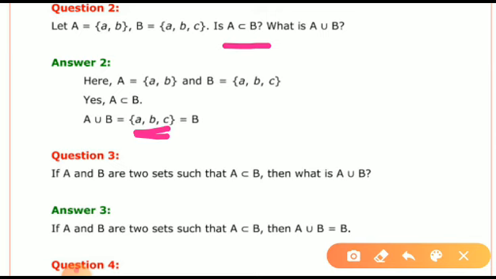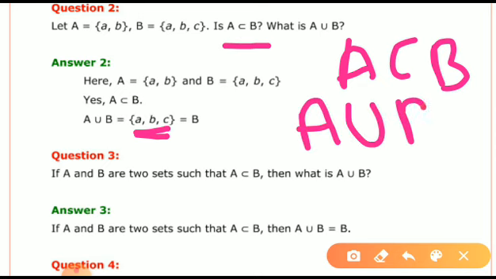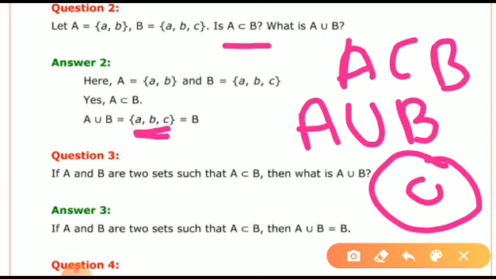If I want to represent a Venn diagram for A subset of B, and you have to find A union B represented by a Venn diagram. Subset means it will be inside here.